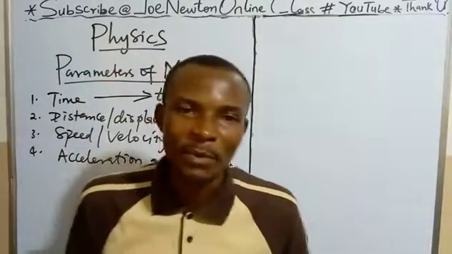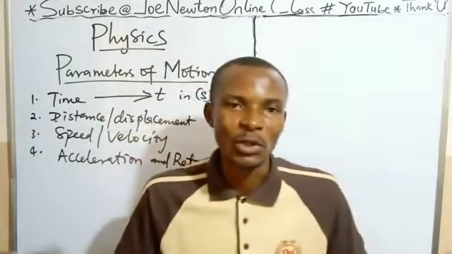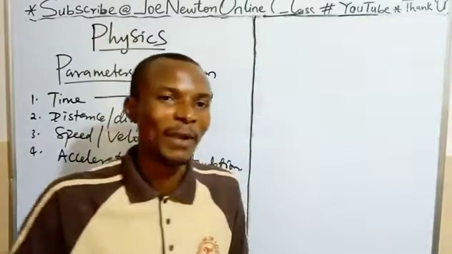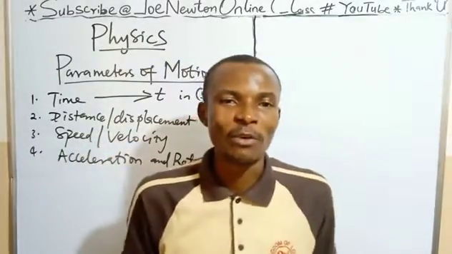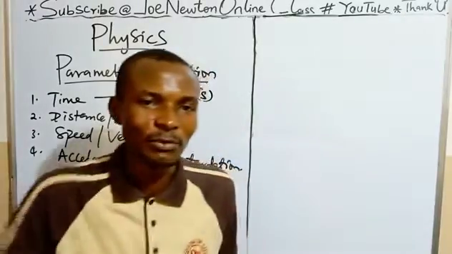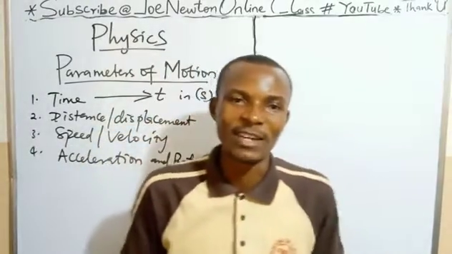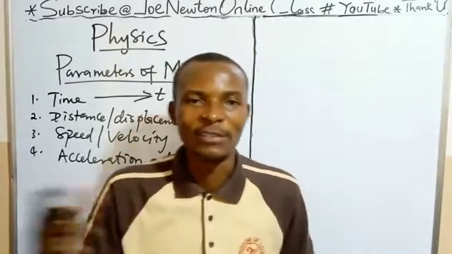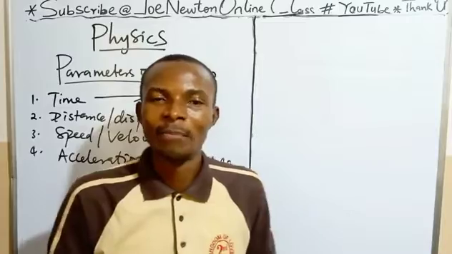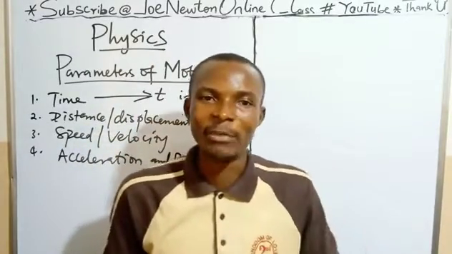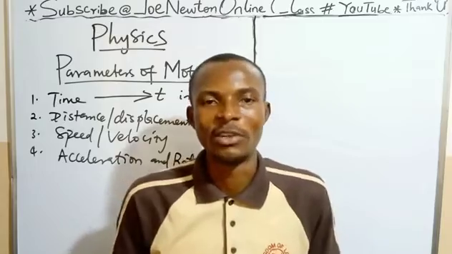Then let's look at the second one, displacement or distance. By distance, we simply mean the separation or gap between 2 points in a plane. So when a body takes off from a point and covers a gap from one point to another, for instance, a car taking off from one station to another station, that gap covered within the time given is the distance or the separation.